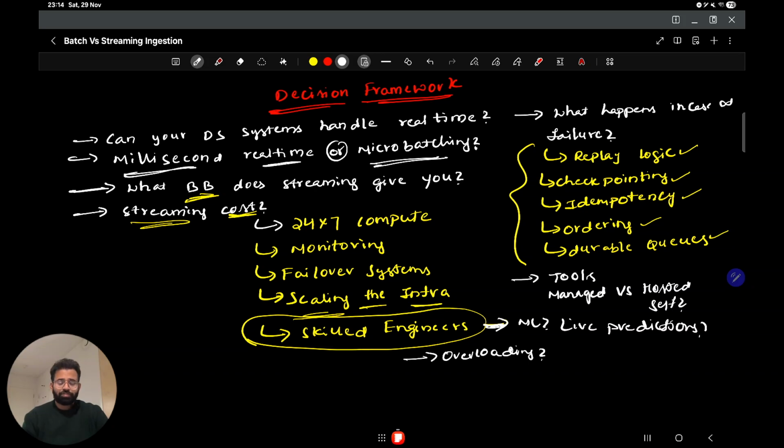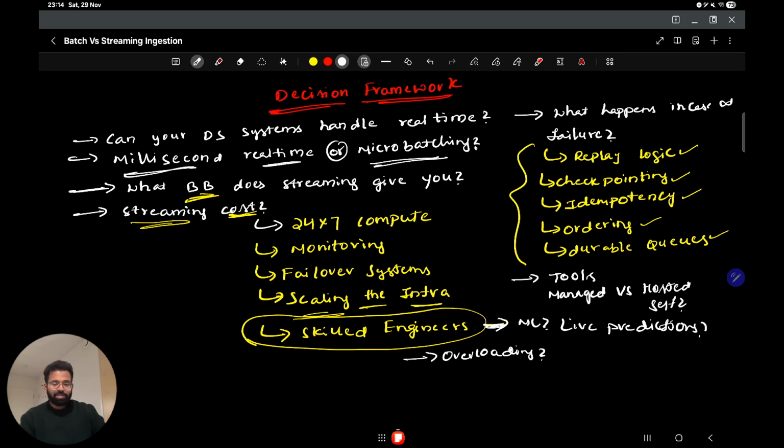Whenever you are designing ingestion, always ask one more important question: does real time change what the business can do? If real-time data can change how the business reacts to certain situations or events, then that's fine.